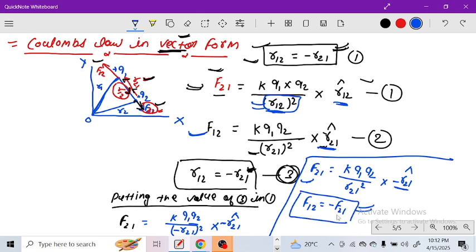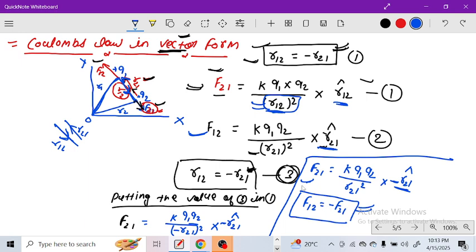Why am I writing minus F21 here? Because here is R21 only, and here is minus R21, so this shows the opposite direction. Here we can also see that R12 goes this direction and R21 goes this direction. This direction shows the negative force. So we can write forces are equal in magnitude but opposite in direction, Kavya.